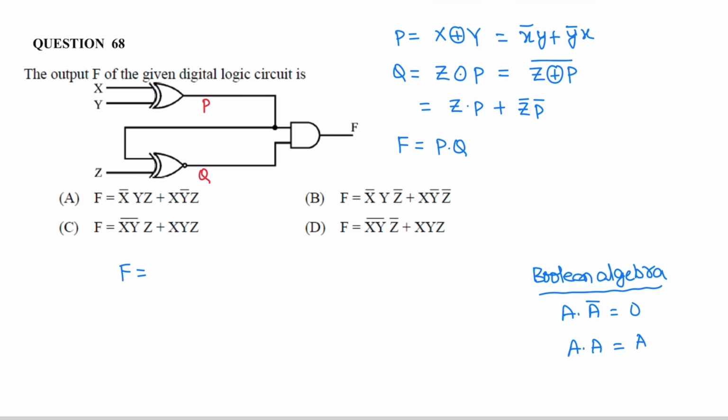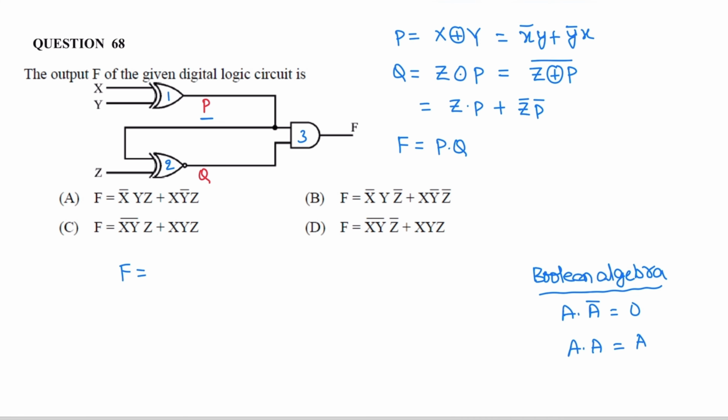Next question. The output F of the given digital circuit is? Let us assume P is the output of this XOR gate. This is gate 1, this is gate 2 and this is gate 3. P will be the output of gate 1, Q will be the output of gate 2.